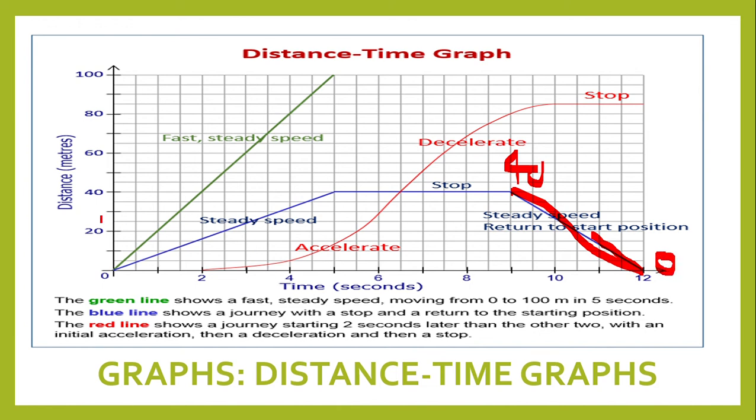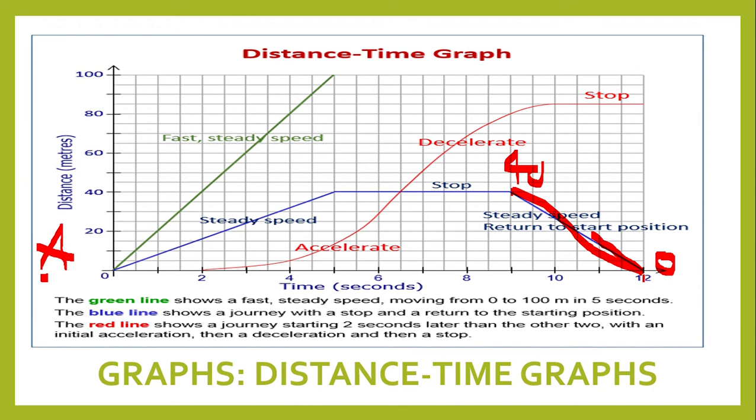The distance it represents here is from a specific point, let's say point A, showing how far it is going away from point A. So when its distance from point A is 0 at 12 seconds, that means the object has come back to its original place, hence the distance shown on the graph is 0.